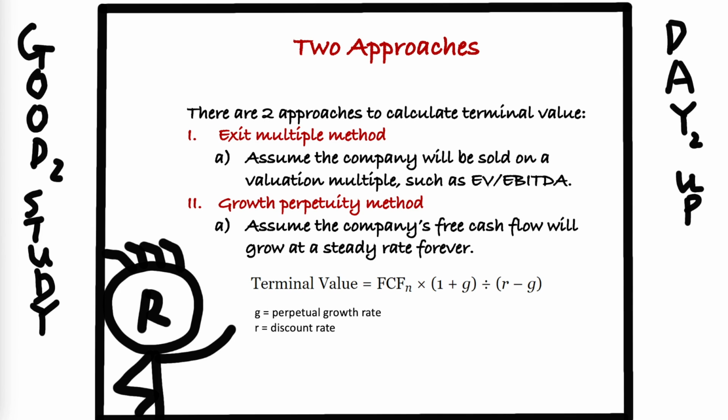The second method is called growth perpetuity method. For this one, you have to assume the company's free cash flow will grow at a steady rate forever. To calculate the terminal value using this method, you can use the following formula. If you look closely, this formula is exactly the same as the perpetuity formula with a constant growth rate.